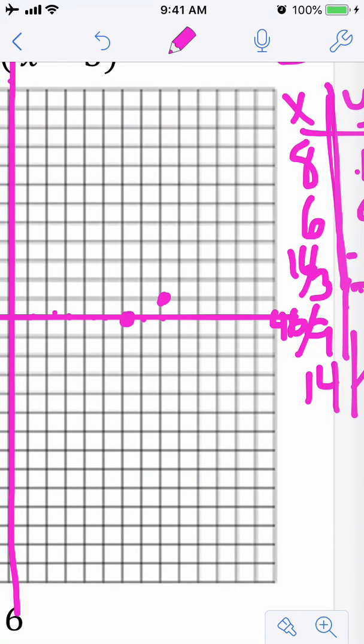What's that? 15 thirds is 5, so 5.33333, down 1. And then 46 over 9 would be 5.11111. That's like right there. And then we have 14, which is going off the page. So looks like our function's looking kind of like that.